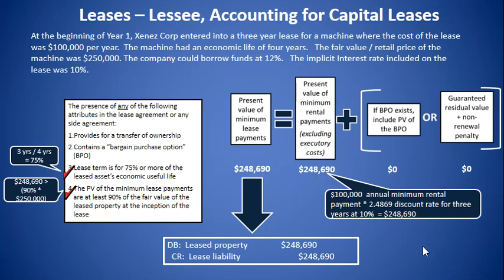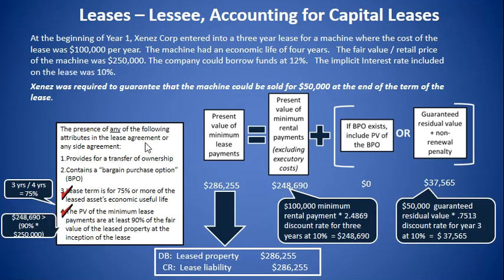When we record that, it's going to be a debit to lease property for $248,690 and a credit to lease liability for $248,690. Okay, let's go on to the next slide and make this problem just a little bit more complex. Now, again, this is Zenez's company again, and all the information in the top 4 lines is exactly the same.